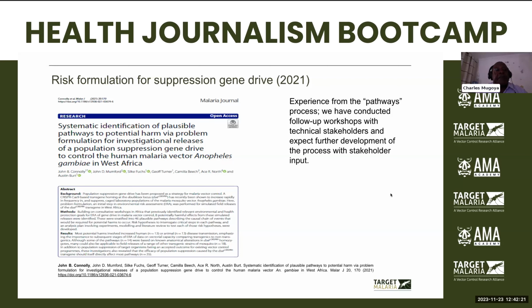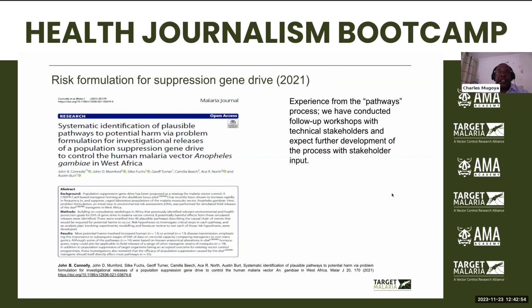And this particular publication contains those plausible pathways to potential harm via problem formulation. And it was done specifically for investigational releases of the genetically modified population suppression of gene-drive to control human malaria vector, Anopheles gambiae.